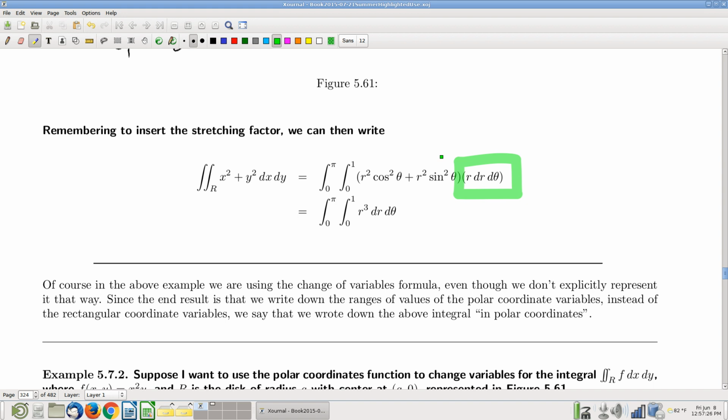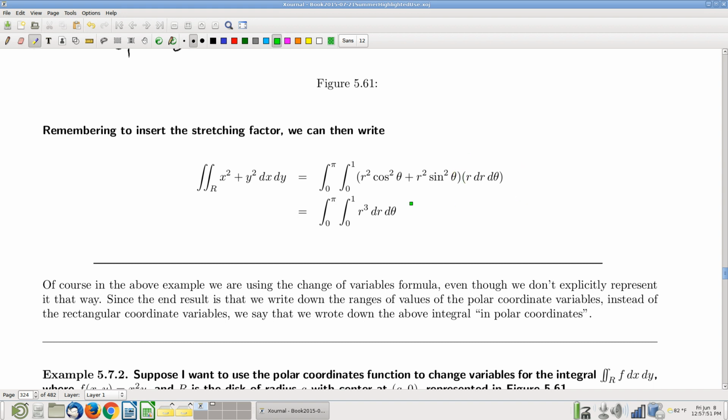And I've had some students write down, I mean, you look at the algebra here, you can see we have r squared times r dr d theta. And some students will leave it as r squared. Well, no, I mean, look, the r, that's in the integrand. It's in there, right? It's the change of variable stretching factor. It's part of the integrand. We get r cubed here. And so don't make that mistake. I've seen that several times.